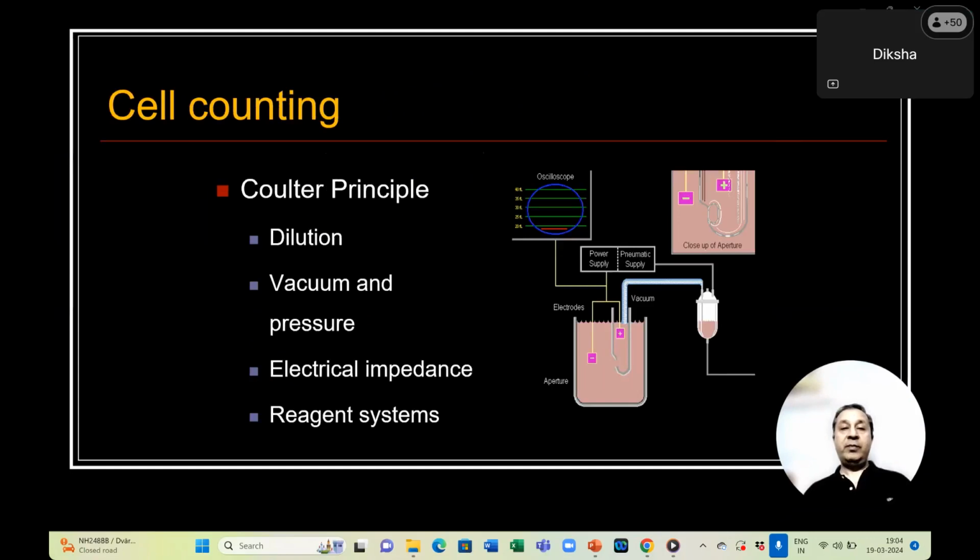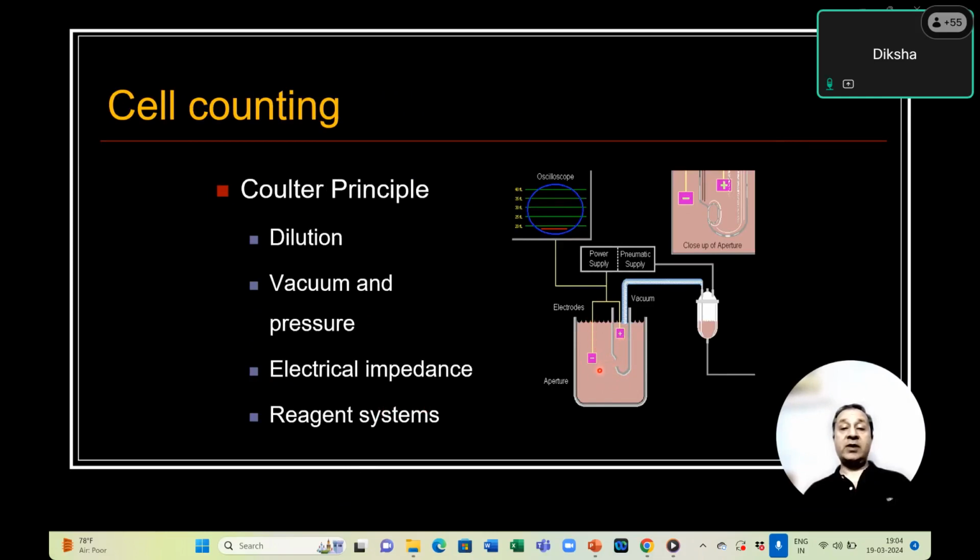The primary principle of cell counting is based on what is called the Coulter principle. The expected Coulter principle is that we have a chamber where there is isotonic solution present, and we are letting the current pass through an aperture between two positive and negative electrodes.